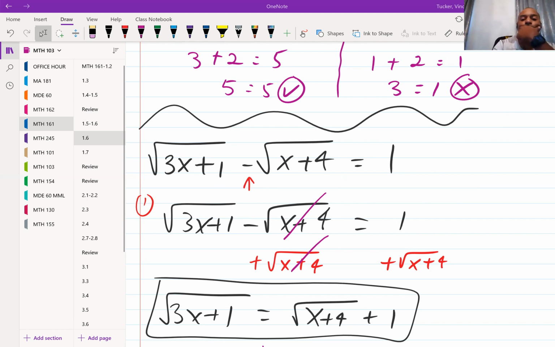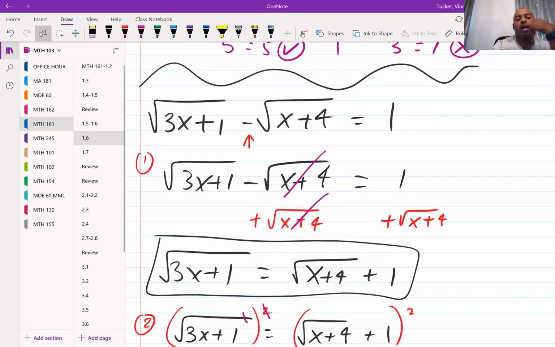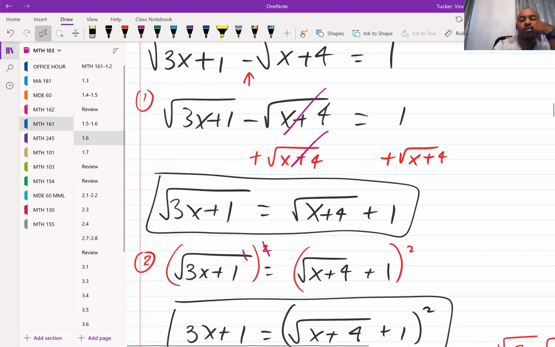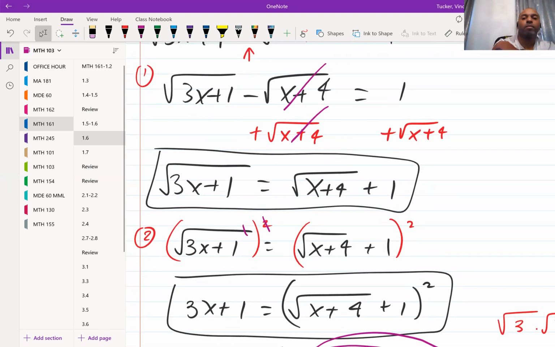All right. Now I'm dealing with the square root, and I want to get the square root off of 3x plus 1. So I'm going to square both sides. So I have 3x plus 1 now, equal to the square root of x plus 4 plus 1 squared.